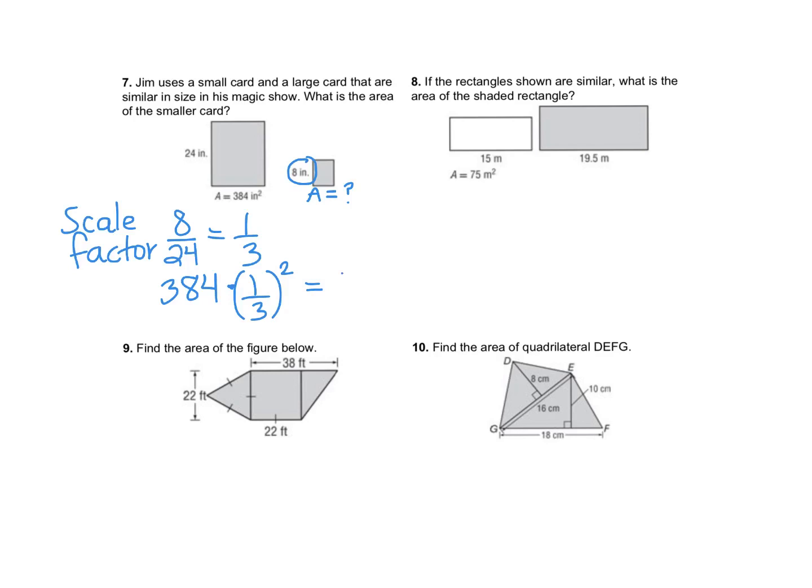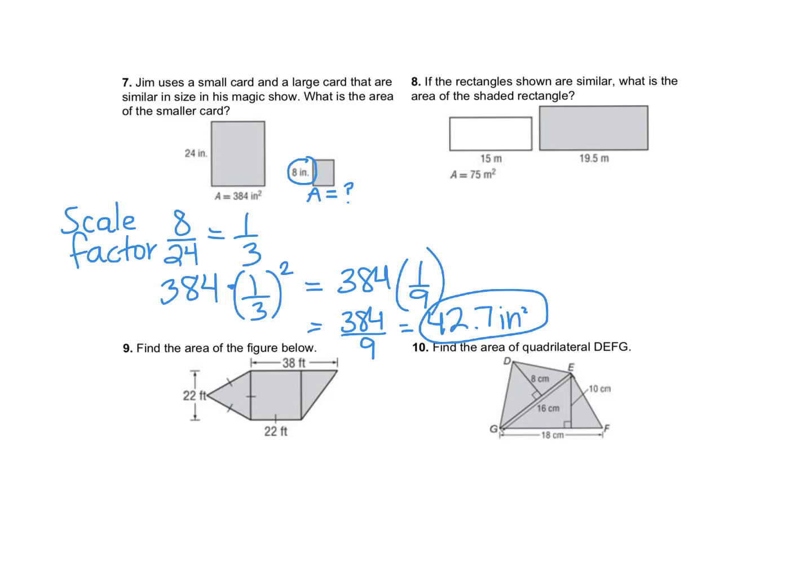So really that's 384 times 1/9, and that's the same as 384 divided by 9. So you should get around 42.7 square inches.